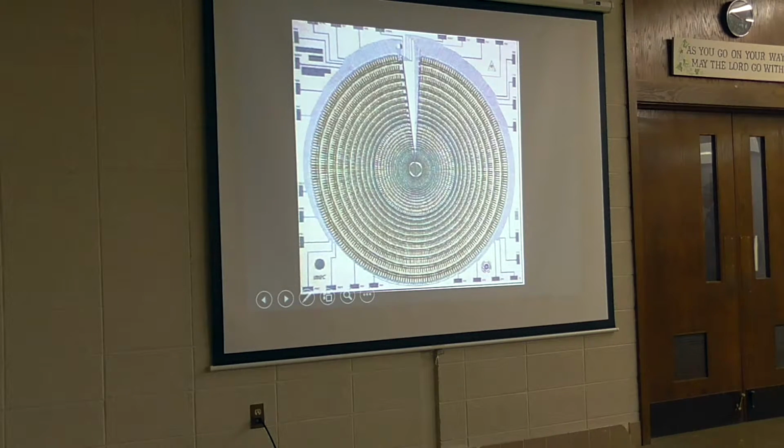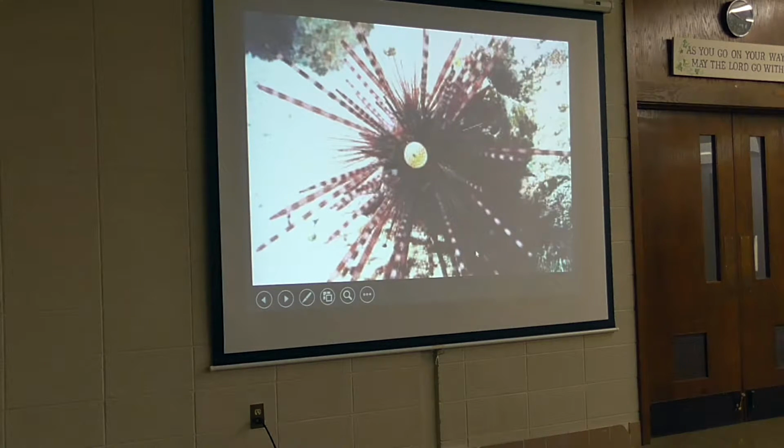And remember, when man tries to mimic, they came up with this artificial retina for people who were pretty much blind from birth. What did they do? They built a symmetrical object that kind of mimics the symmetry that God put in there. Sea urchin.